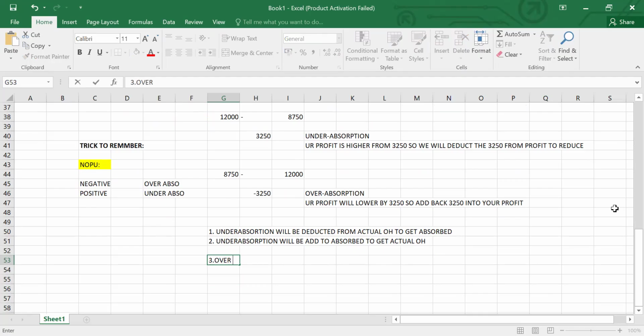Number three, over absorption will be added to actual overhead to get absorbed.